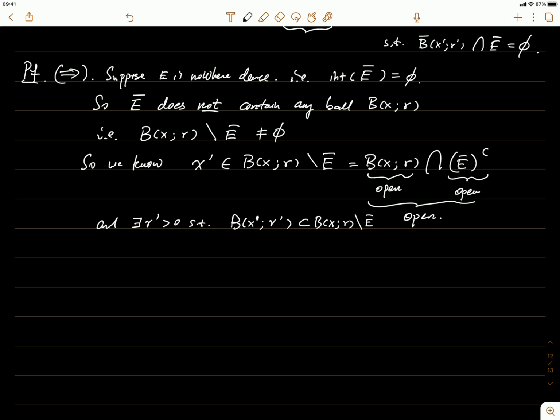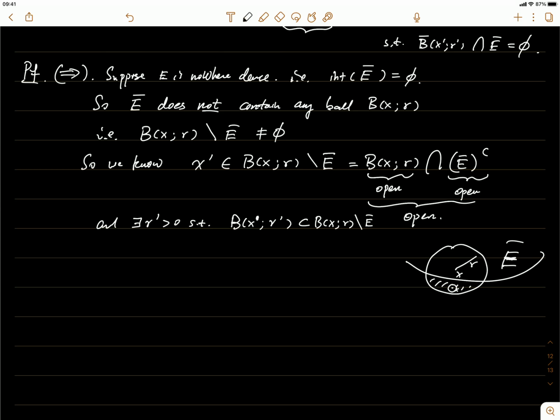Okay, so what that says is, say we have the ball here. This is the x with the radius r, and since it has some point that is not in E closure, that means there will be something outside, and let's say that's x prime. But since the complement of E closure is open, and also this ball B(x, r) itself is open, we know that this part will be open.